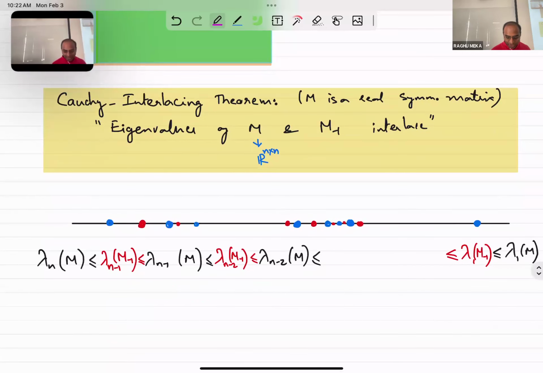Exactly. I don't know how they would relate directly to M, but at least Cauchy's interlacing theorem says that they should be somewhere in between these red dots. But we do lose some information. It should be somewhere in between here, but we don't know which side of this blue dot it's going to.